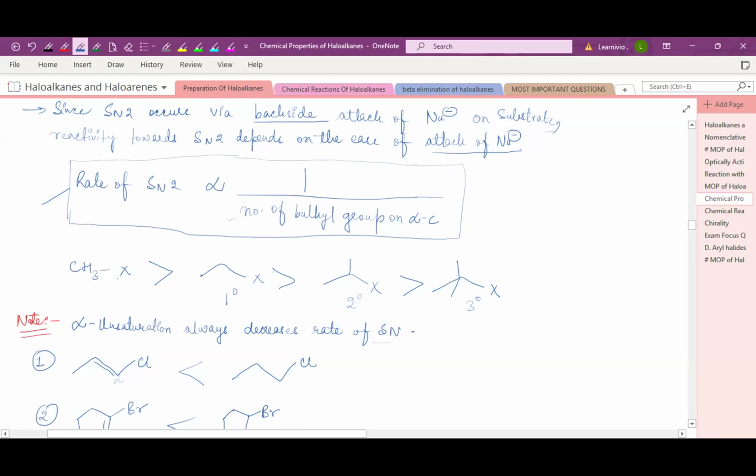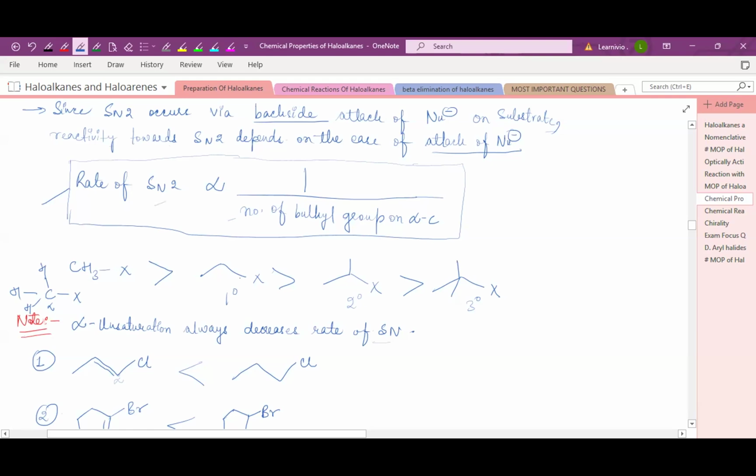CH3X. Here only one alpha carbon is present. Alpha carbon पे क्या present है? Suppose you can just draw the structure. This is the carbon. The halogen atom is attached to this carbon, so this is the alpha carbon, and 3 hydrogens are present. Hydrogen is not a bulky group, so here the bulky group is not present. So its reactivity will be quite high. It बहुत ज़्यादा reactive होगा towards SN2.